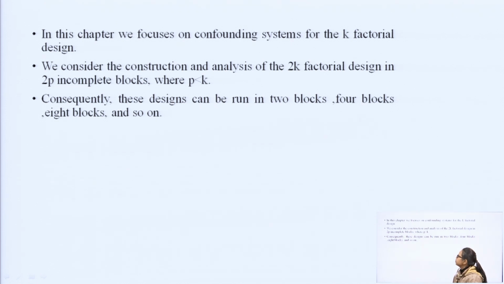In this chapter, we focus on confounding systems for the 2k factorial design. We consider the construction and analysis of the 2k factorial design in 2p incomplete blocks, where p is less than k.